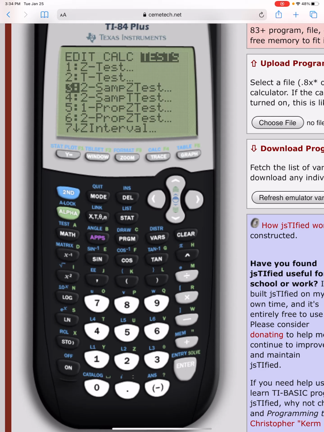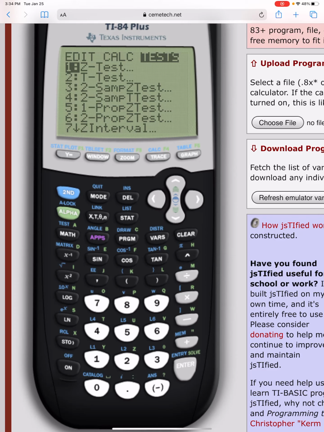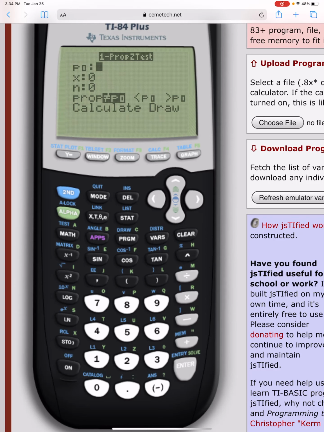All the different variations of hypothesis tests that we're going to do are in this menu. This is also where, as we saw before, the confidence intervals are. For this one, we are talking about a single proportion, so this is the 1-PropZTest. I hit enter.